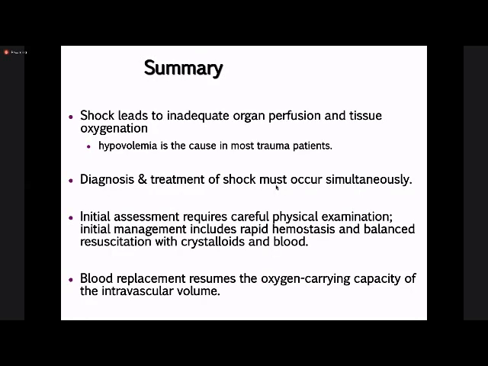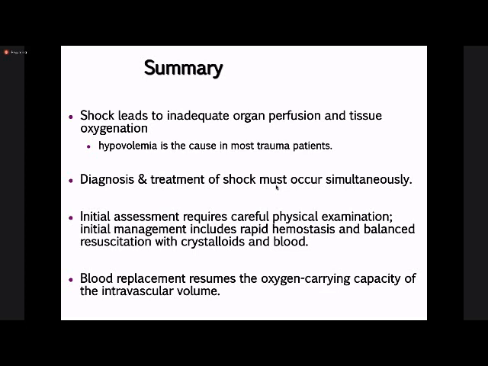Okay, so this is the last slide. Shock leads to inadequate organ perfusion and tissue oxygenation. We discussed that hypovolemia is the main cause. Diagnosis and treatment, like everything in airway, breathing, circulation, must happen simultaneously. When to suspect and how to identify problems with circulation, we have already discussed.